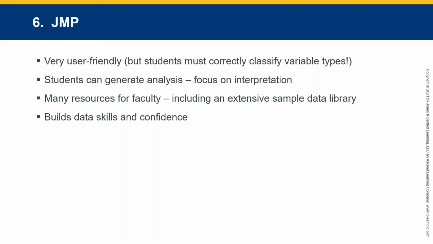In JMP, you have to correctly classify variable types or else it won't do the analysis that you want it to do. So I feel like there are some checks and balances here to guide students to the right analysis depending on variable types, numbers of groups, and so forth, which is the way that I teach, so I felt it was a good fit in that regard.